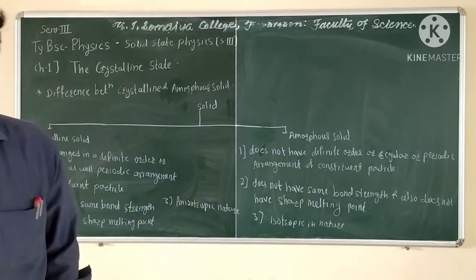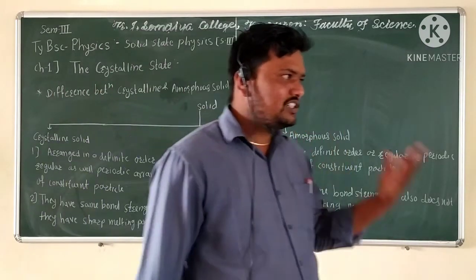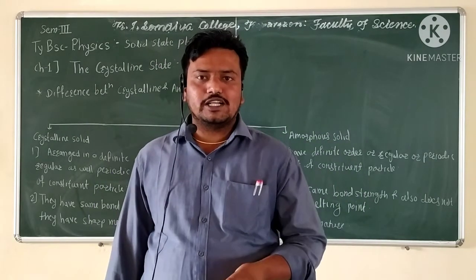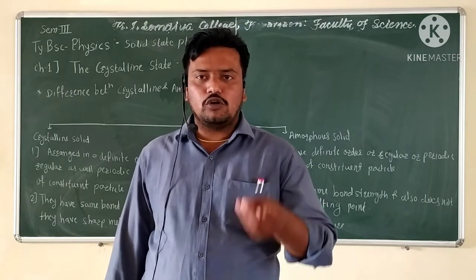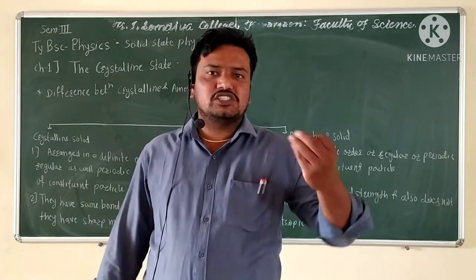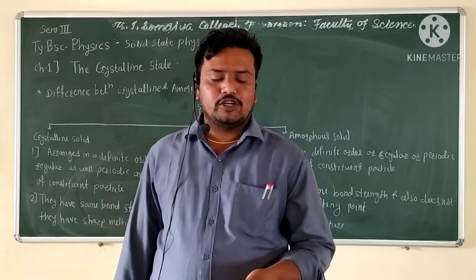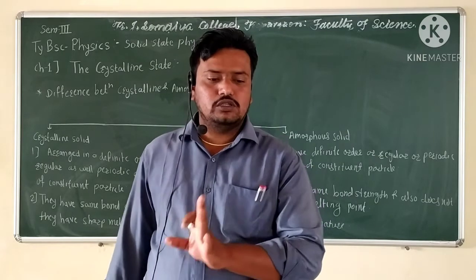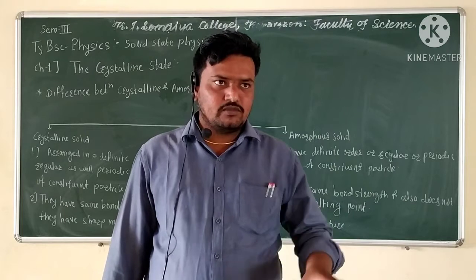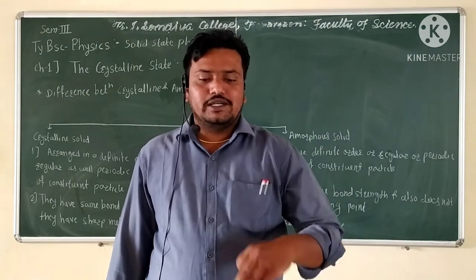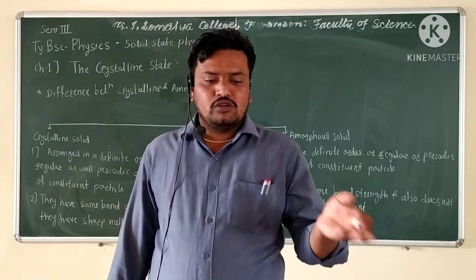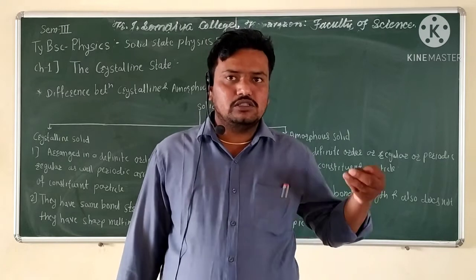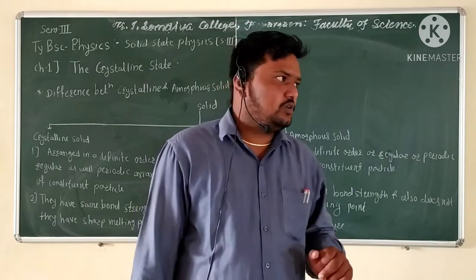A crystalline structure has a definite, regular or periodic arrangement of matter. In the same way, a lattice is an arrangement of an infinite number of imaginary points in space, where each point has identical surroundings. That is known as the lattice.